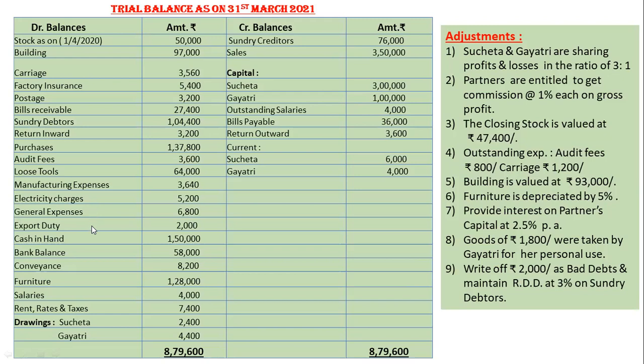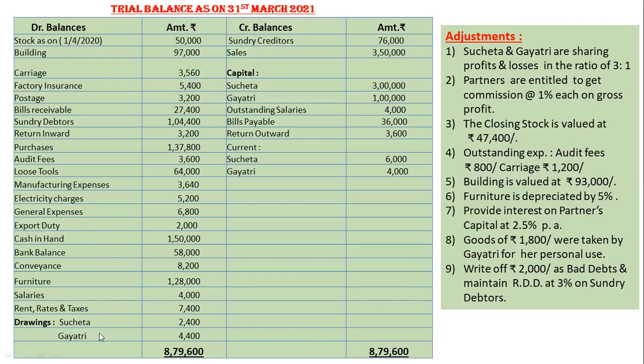Export duty, profit and loss account, debit side. Cash in hand and bank balance, balance sheet, asset side. Conveyance, profit and loss account, debit side. Furniture, balance sheet, asset side. Salaries, profit and loss account, debit side, and rent, rates and taxes is also a profit and loss account debit side item.